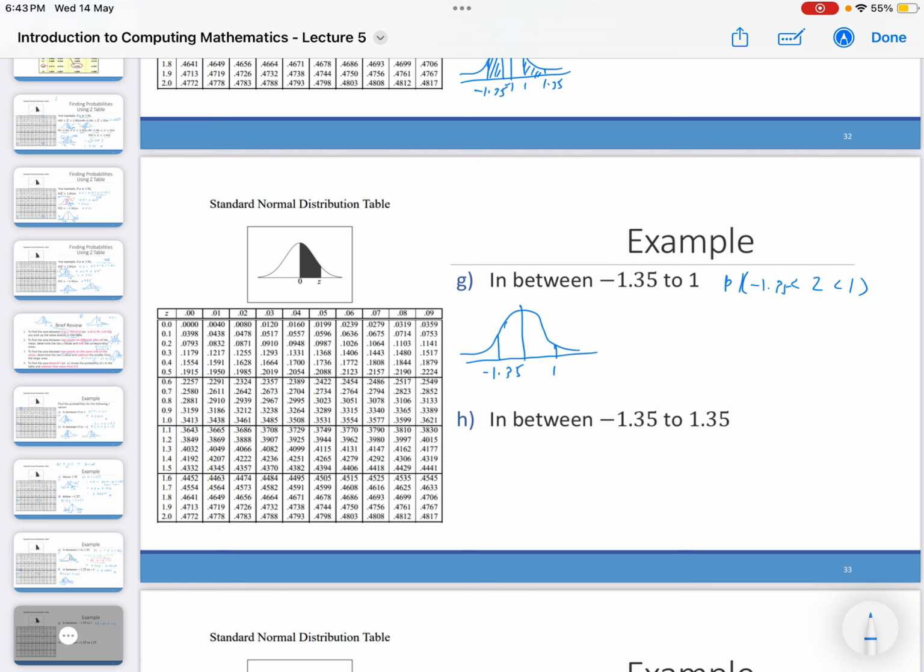So we want this probability in between. This is the probability on the left side plus the probability on the right side. The probability on the right side is the probability of Z from 0 to 1, which you can look up from the table. And then plus the probability on the left side, which we can reflect to the right side, so it equals the probability of Z from 0 to 1.35.